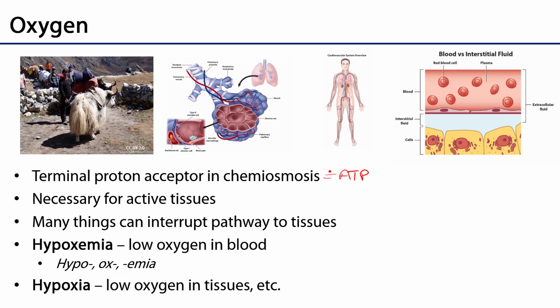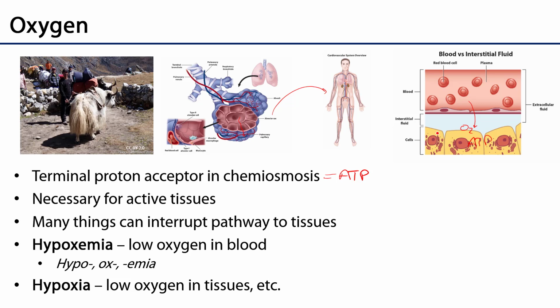So oxygen is picked up in the alveoli of the lungs by the surrounding capillaries, transported back to the heart, distributed about systemic circulation, and then in the capillaries of metabolically active tissues, oxygen is dumped so that these cells can make loads and loads of ATP. Absolute necessity for many organisms, humans among them.